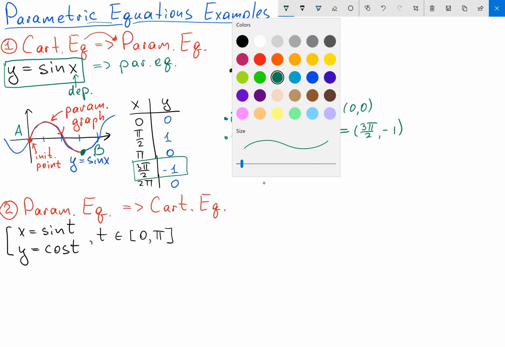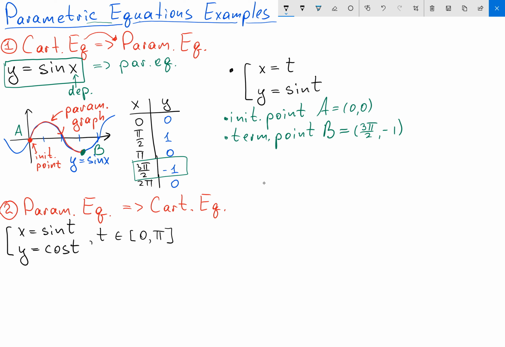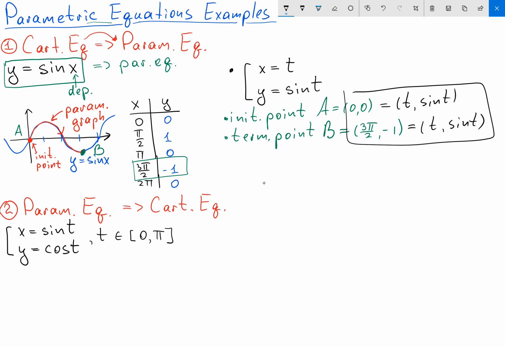By knowing what is my x and what is my y, on the right hand side I will have t, sine of t. And from this it's clear what the bounds for t are.